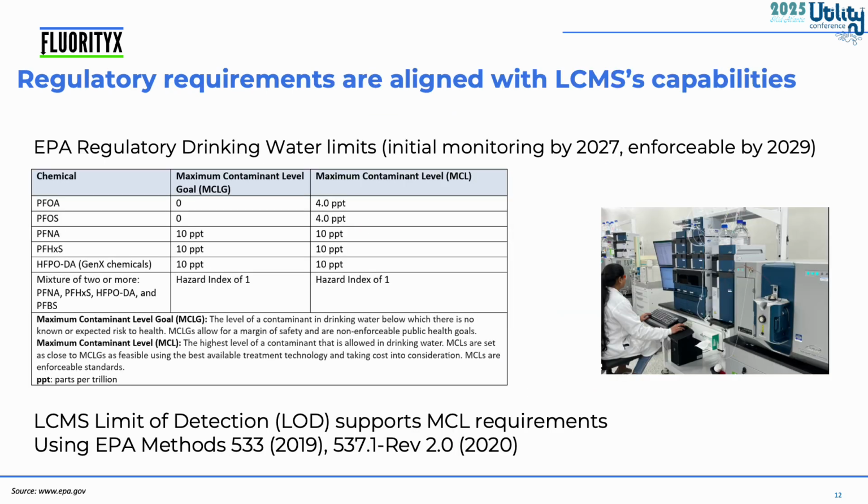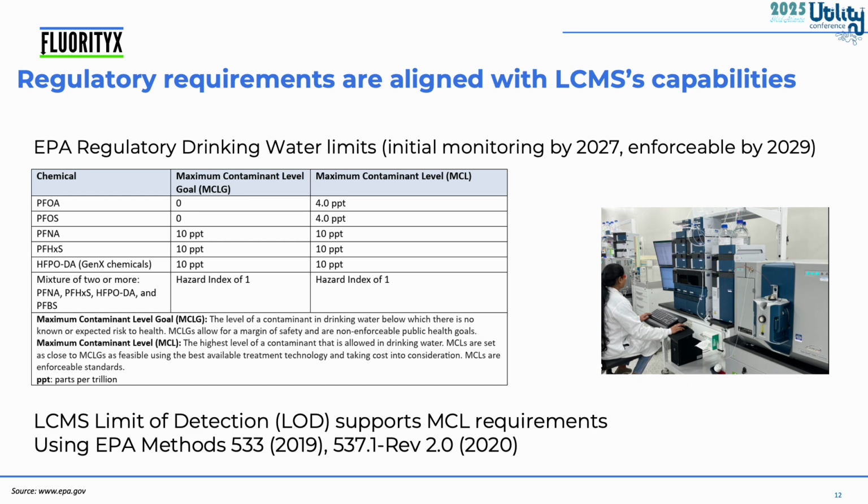Of course, it's not a surprise that the regulatory requirements are aligned with the LCMS's capabilities. It can measure multiple PFAS molecules, many more than what are currently regulated, and its detection limits are extremely low. Of course, the closer you can get to the contaminant goal, the better. This table was taken from the EPA website.